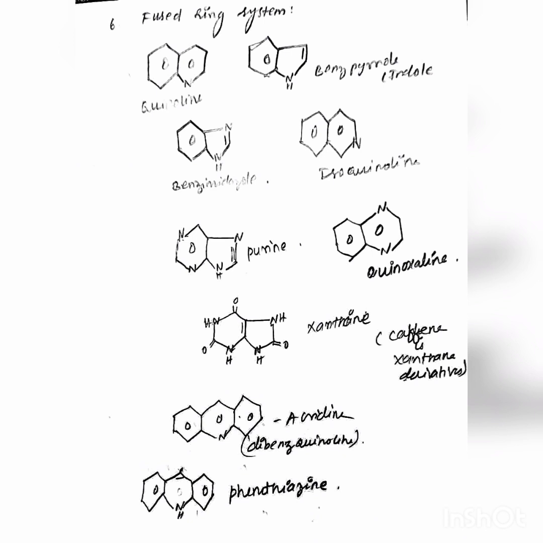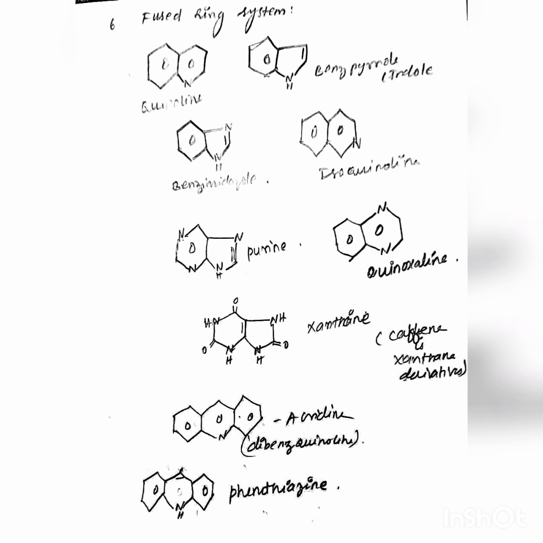The next example will be quinoline. In quinoline, benzene is fused with the pyridine, and if the nitrogen atom is present in the second position, then the compound is called isoquinoline. Similarly, if pyrimidine is fused with the imidazole nucleus, then it is called purine.